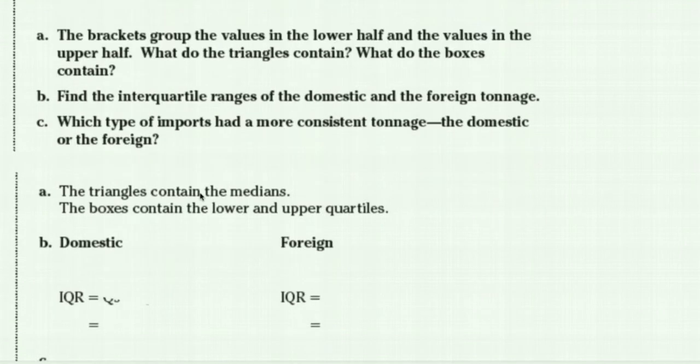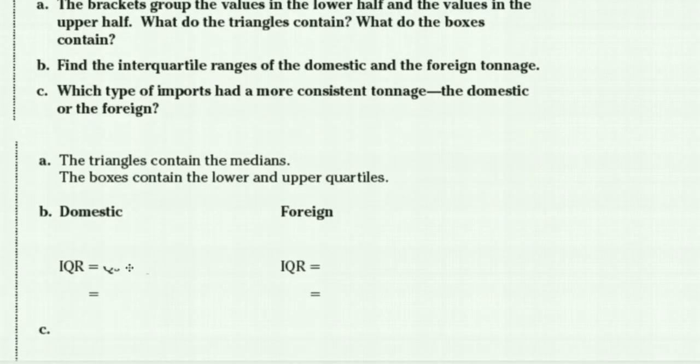So to find the IQR of the domestic, we have Q3 minus Q1, or 40 minus 15, which will give us 25. So Q1 is 15 and Q3 is 40 according to the blue boxes.